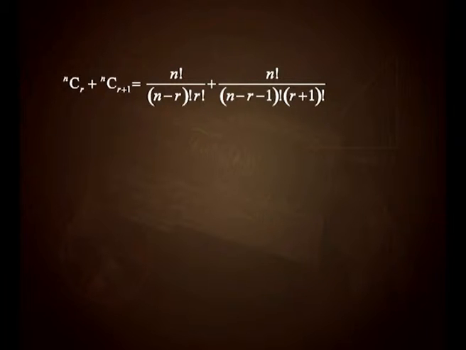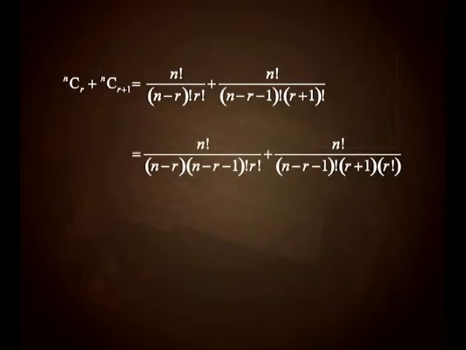So, if I expand (n minus r) factorial, it will break down to (n minus r) times the factorial of n minus r minus 1. r factorial and (r plus 1) factorial, if I compare, then obviously (r plus 1) factorial as I expand will break down and rewrite as (r plus 1) times r factorial.